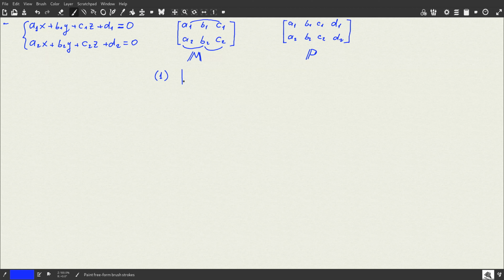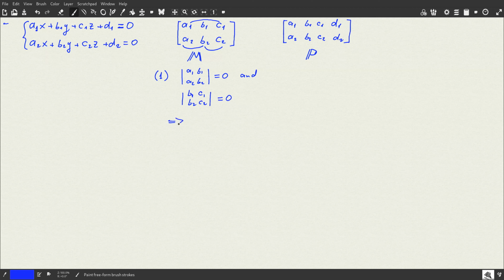That the determinant of A1, B1, A2, B2 equals to 0, and the second determinant, which is B1, C1, B2, C2, is also equal to 0.